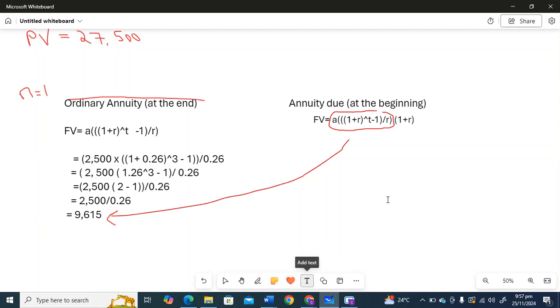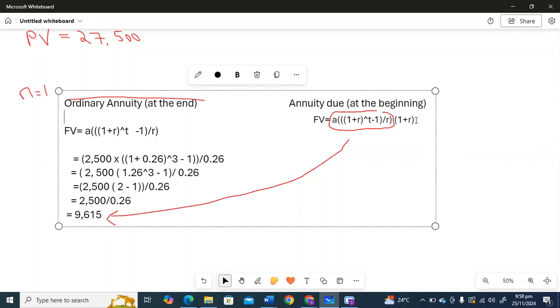So all we need to do is multiply 9,615 by 1.26, since the rate is 0.26.